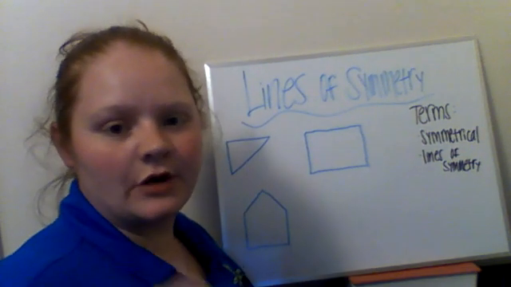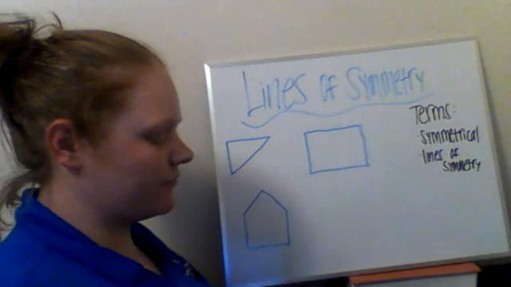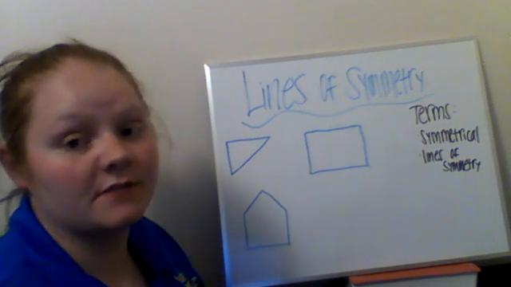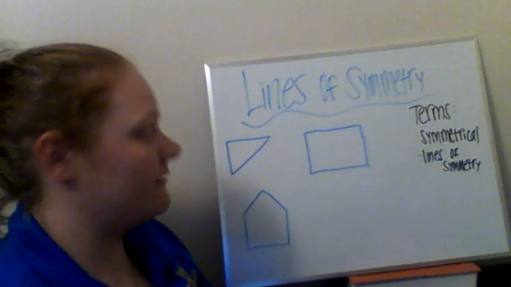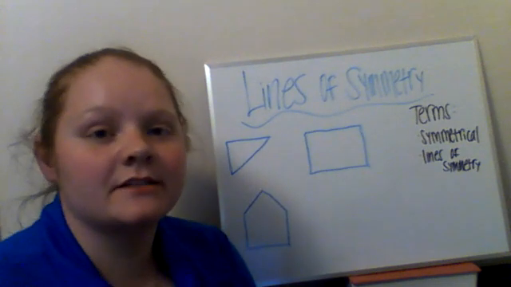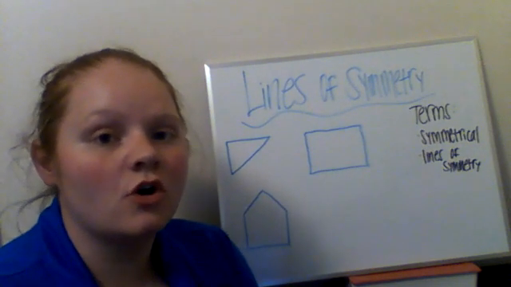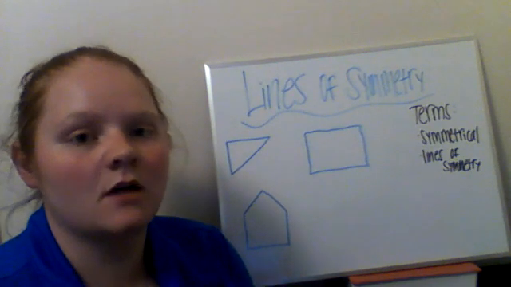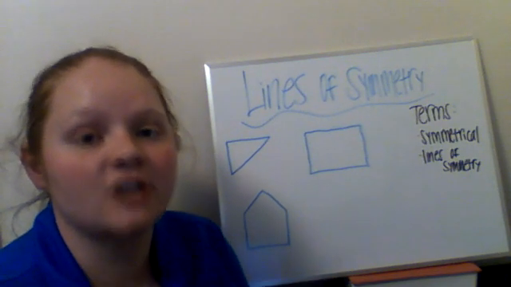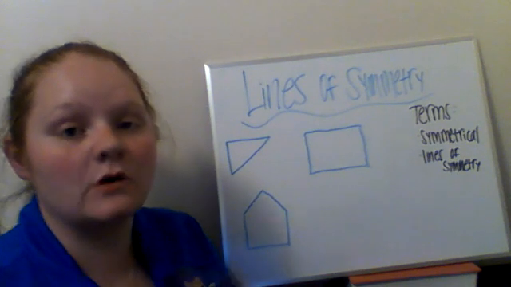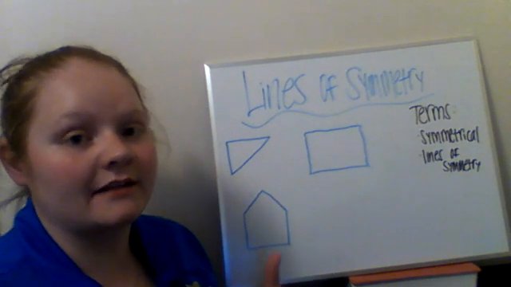All right, so if you notice on my board, I have 3 different shapes that we are going to go through to figure out if they're symmetrical or not, okay? And remember, a shape is symmetrical if it has a line of symmetry. So if I was to draw a line somewhere on a shape or an object, after I folded it, both parts would be exactly the same.